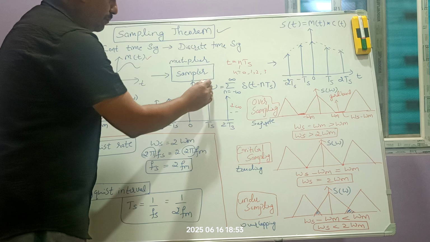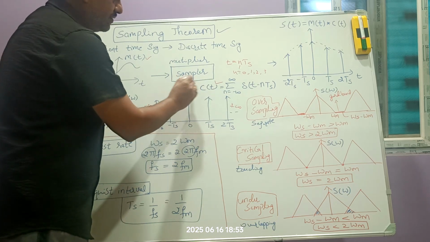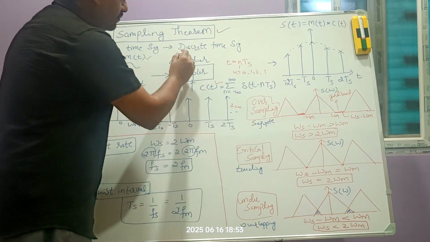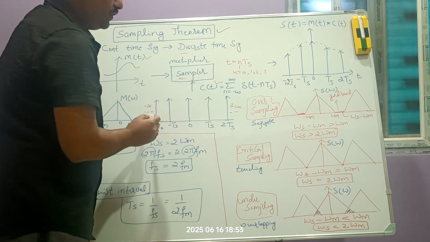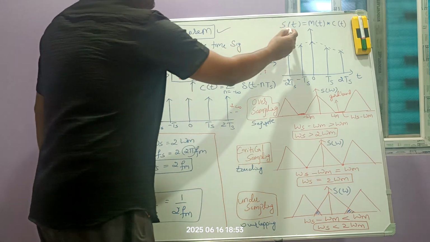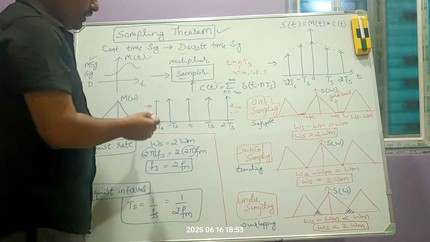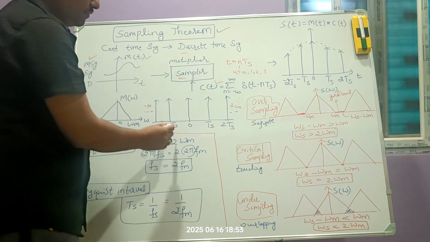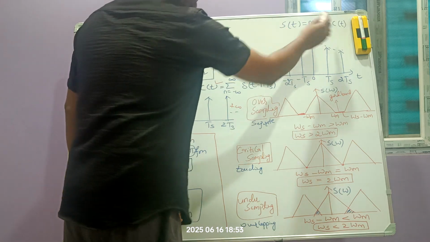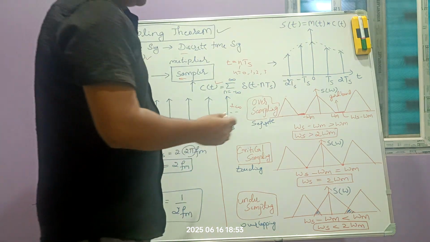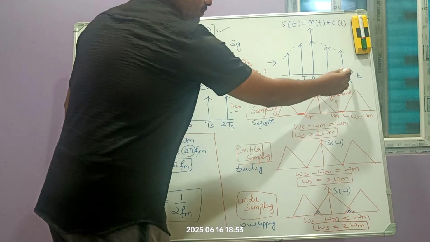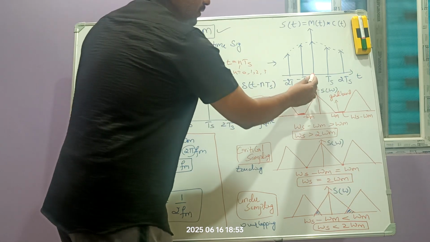So we take m of t and c of t, and we use the sampler, which is nothing but a multiplier. So how is it going to multiply? Look at this: s of t is m of t multiplied by c of t. Now look at this, the same thing we have taken here.